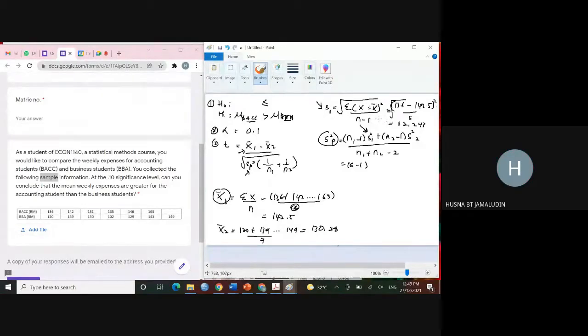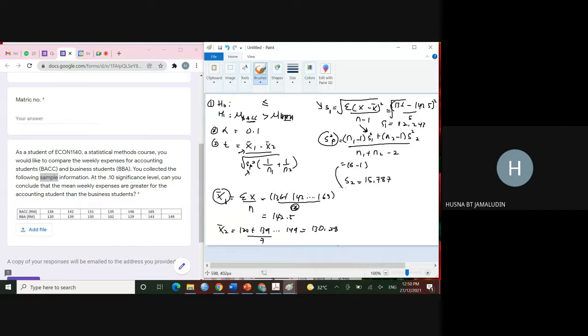So this is S1, the value for the standard deviation for sample 1. And using the same formula, you will get the standard deviation for sample 2, which is 15.787. And then just plug it into the pooled variance formula.